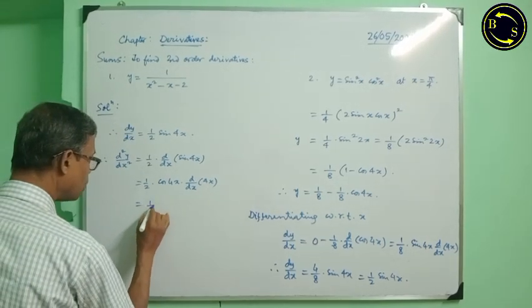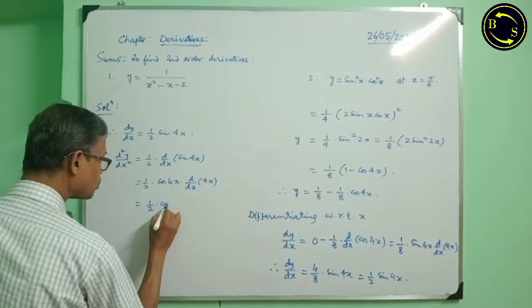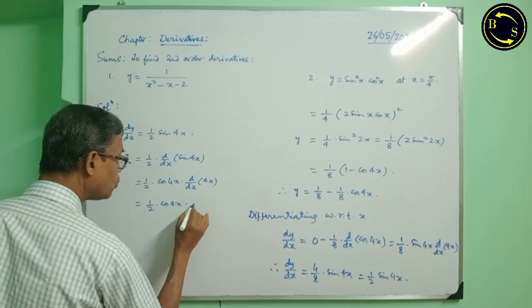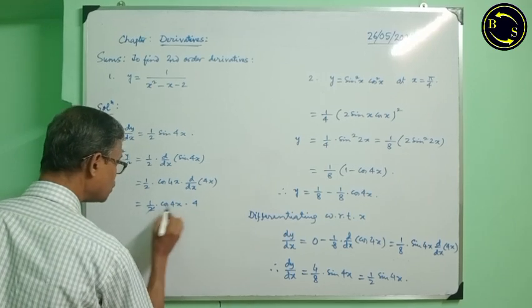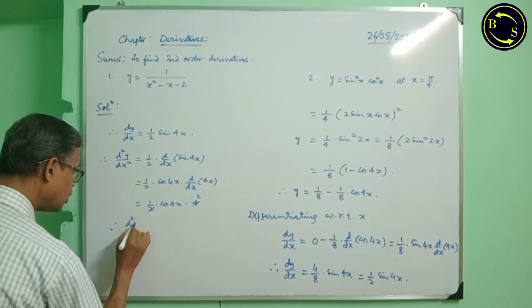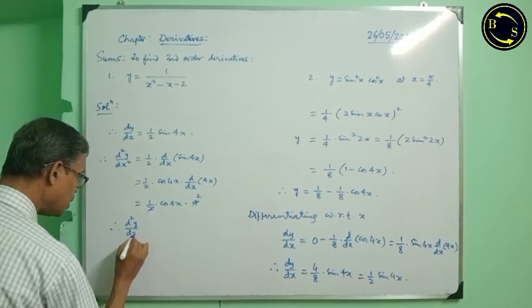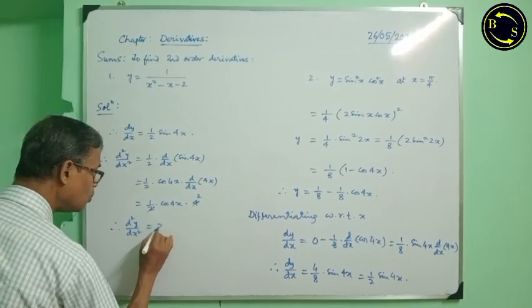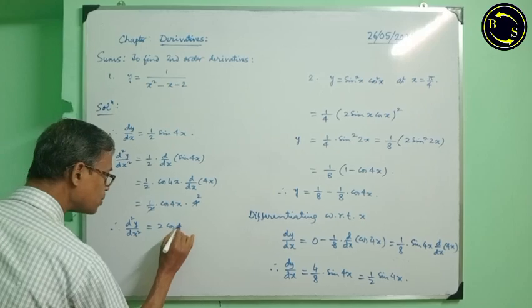That means 1/2 cos 4x into 4. We simplify, and finally we get d2y/dx2 equal to 2 cos 4x.